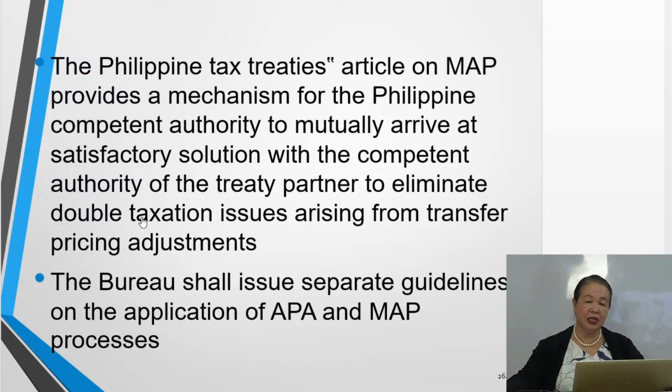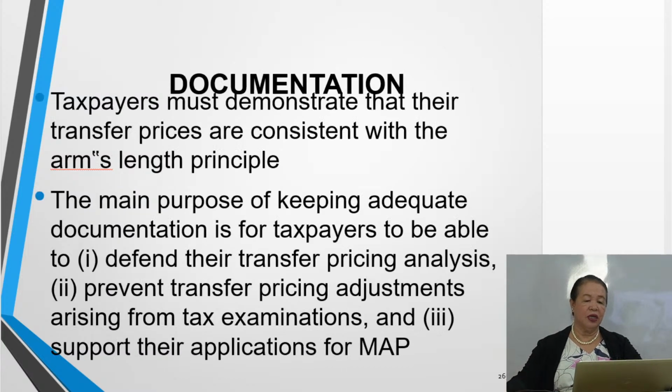So saan sila nag-declare ng income? Doon sa branch or sa related party na mababa lang yung tax in order to save for the payment of taxes. Na doon sila sa mga tax haven countries, no? So the Bureau shall issue separate guidelines on the application of APA and the MAP, no? So sabi yan ng regulations.